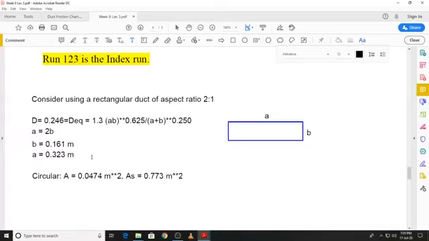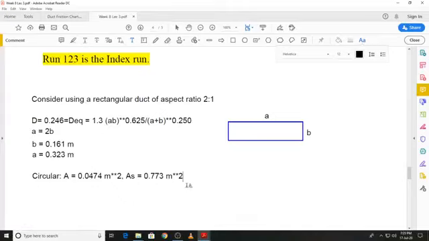So if you multiply diameter by pi, that should give us the number that I've written out. So the diameter was not 0.0474, it was 0.246. So 0.246 into pi gives us 0.773 square meters.